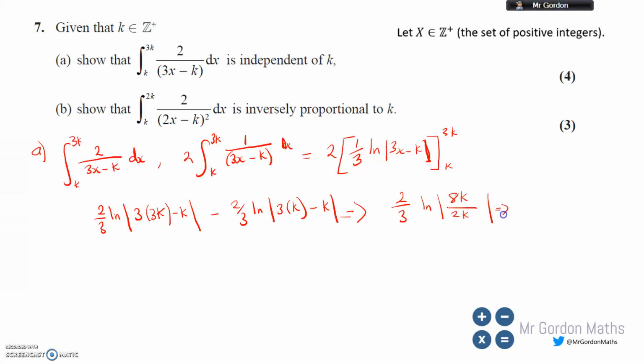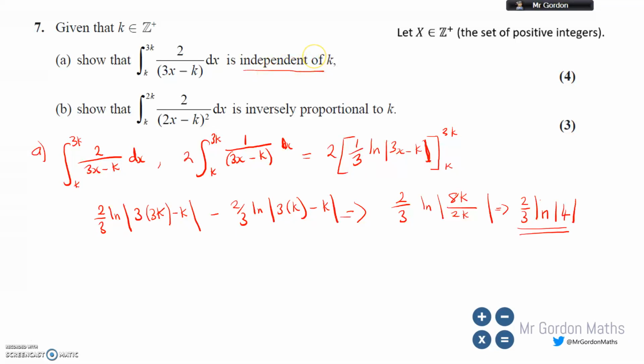That goes to 2/3 of ln of 4. There we go. The k's did cancel out, so this is independent of k. K does not appear in the result. So I'm just going to leave it like that as my answer. That's enough to show the point it was making.